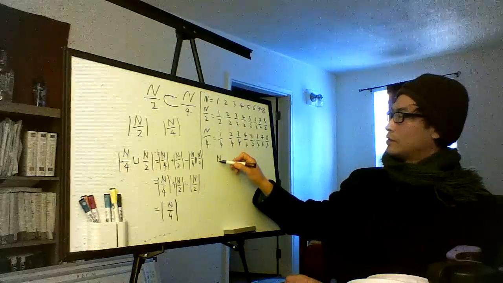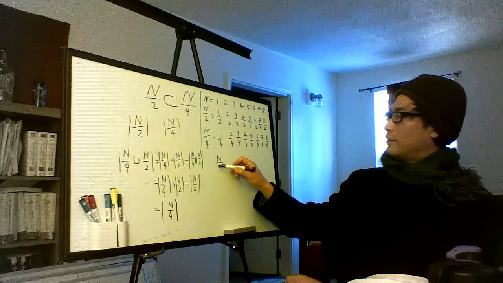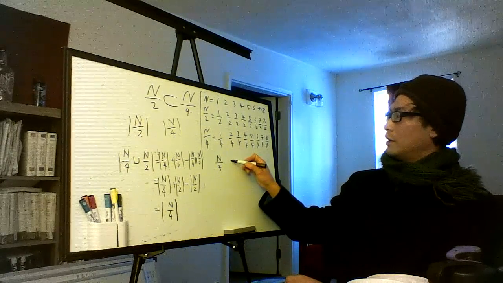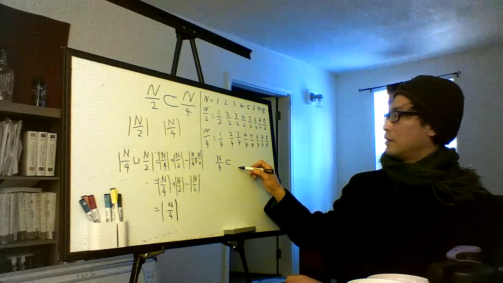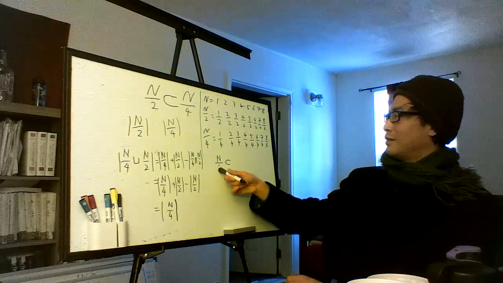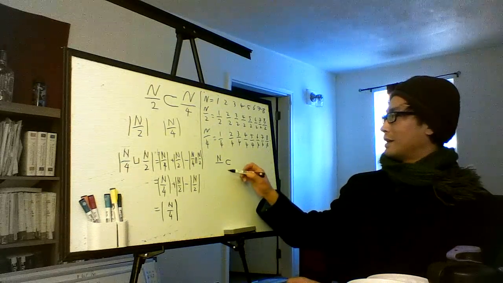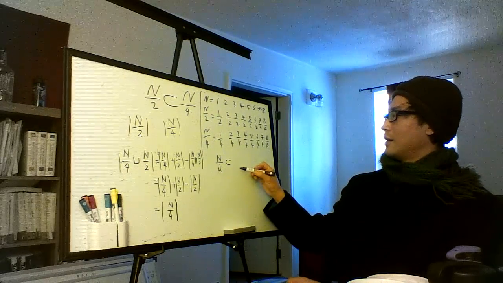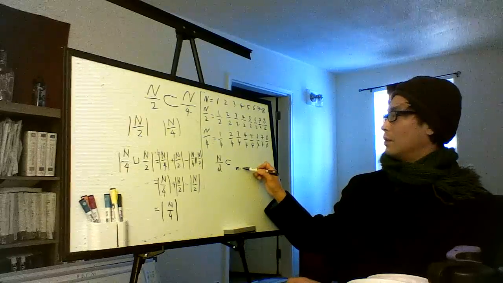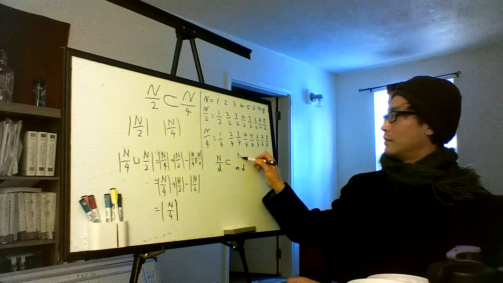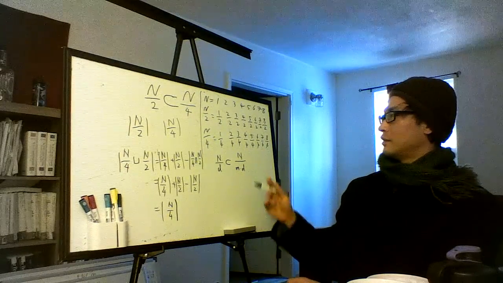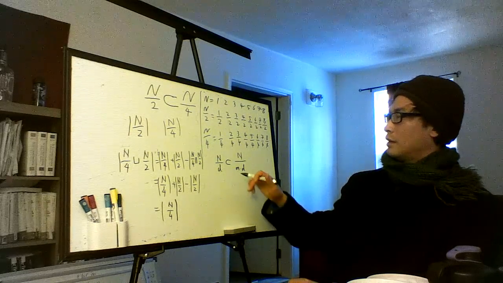So n over some number f always belongs to some divisor, and multiples of this divisor. Yeah, it goes like that.